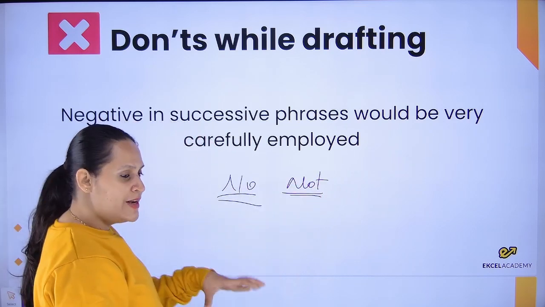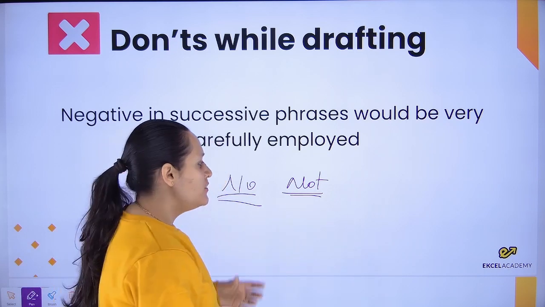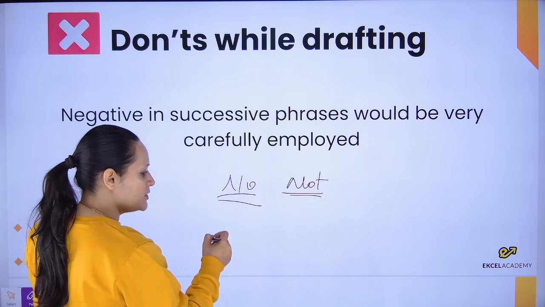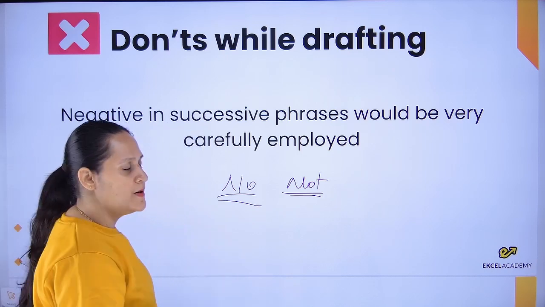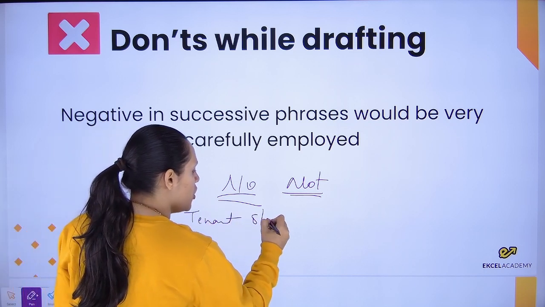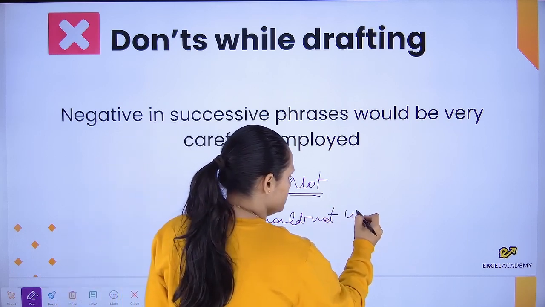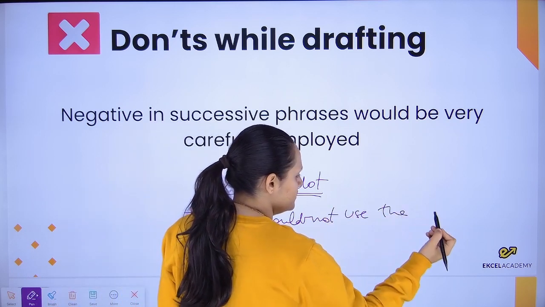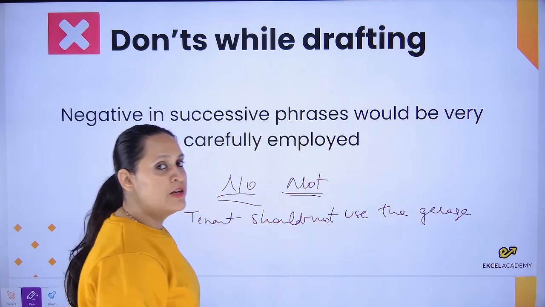If you want to include any kind of restriction, let's say the person who is taking the house on rent, we call that person a tenant. Saying that the tenant should not use the garage is a negative sentence.